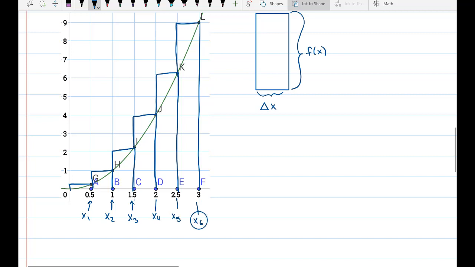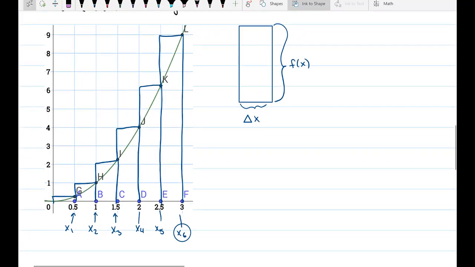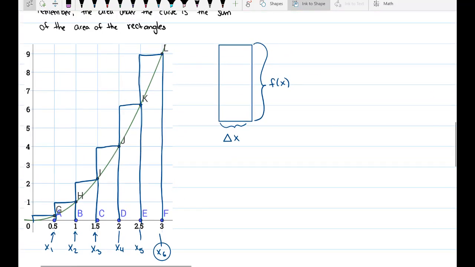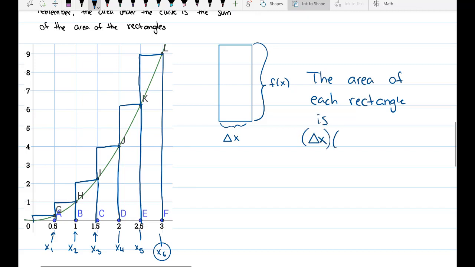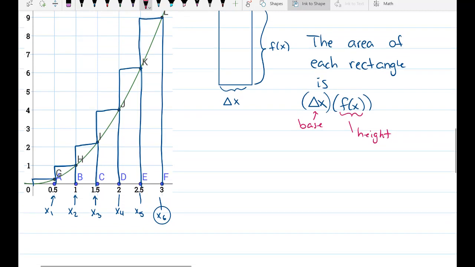Notice that we have 6 x values for 6 partitions. So the area of each rectangle is then delta x times f of x. This is the base, and this piece right here is the height of each rectangle.